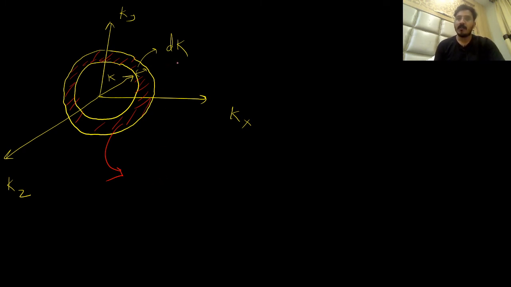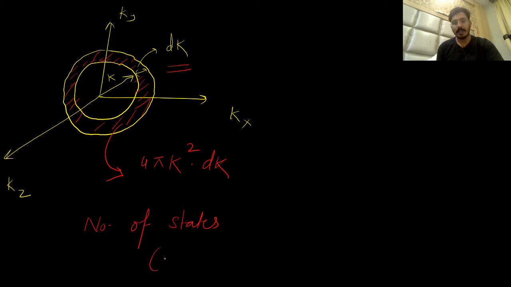So how should I calculate it? If I know the density, then I have to find the volume. If it is r dr, then we know this volume will be 4 pi r square dr. So here this volume will be 4 pi k square dk. So how many states are there between k and k plus dk?